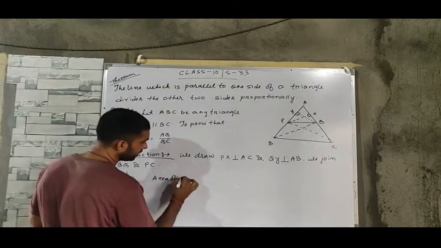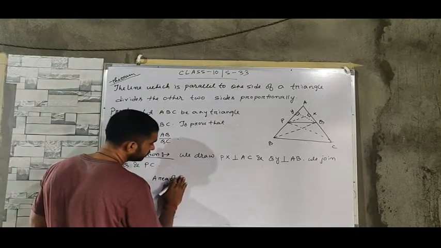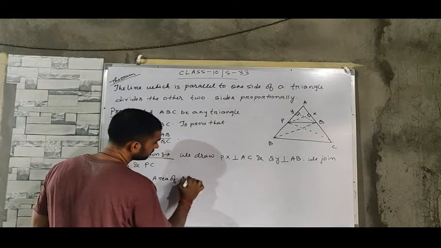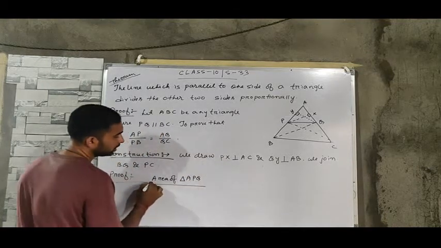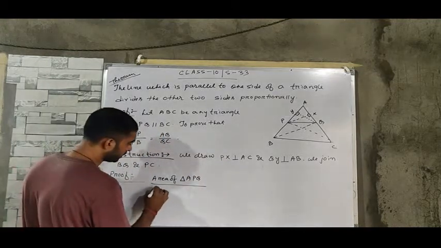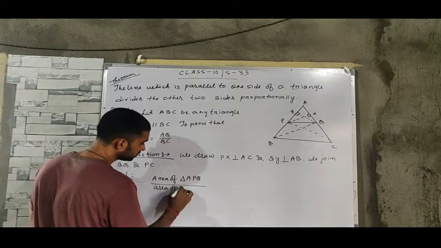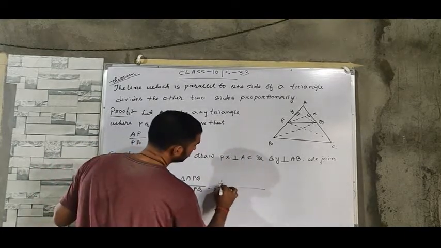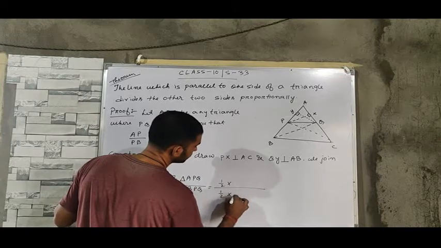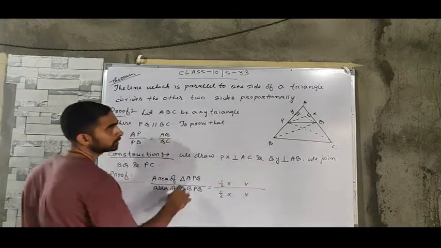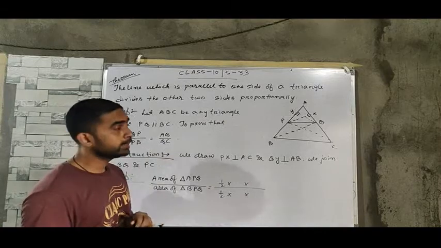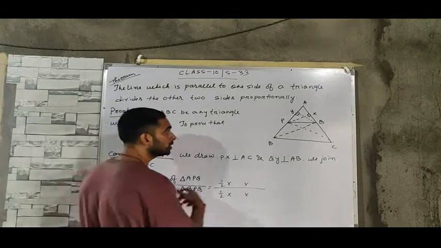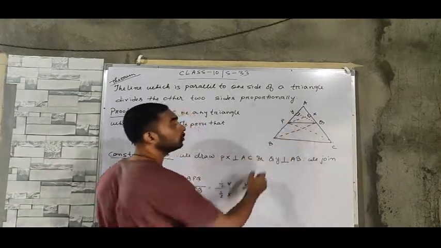Now consider the area of triangle APQ divided by the area of triangle BPQ. For triangle APQ, what is the height? QY. And for triangle BPQ, the height is also QY.